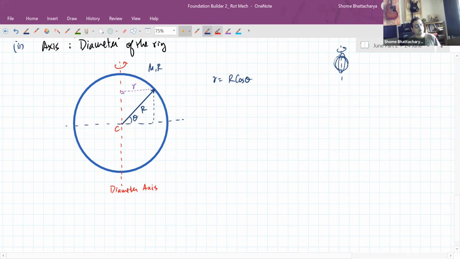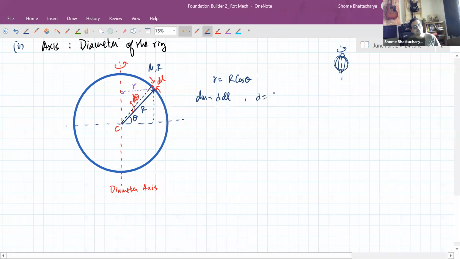Now we have to use that integration method, that we take a differential element here whose thickness is dl, and it's an arc, so it itself is subtending a small angle d theta. So that particle dm, its mass will be lambda dl.